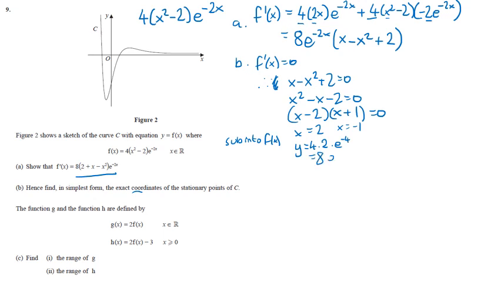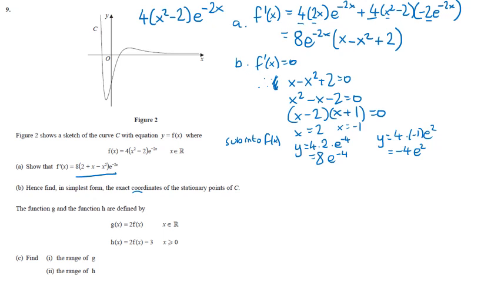So that's 8e to the minus 4. And for the other one, if we substitute in minus 1, we get 4 times 1 minus 2, which is minus 1, and then times e squared. So we get minus 4e squared. So x equals 2, y equals 8e to the minus 4, and x equals minus 1, y equals minus 4e squared.